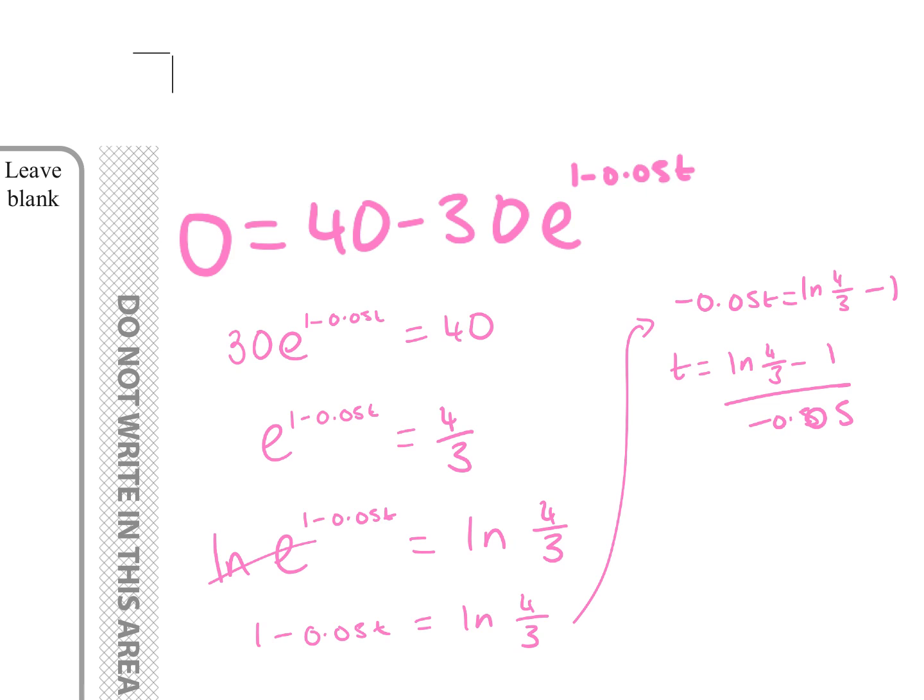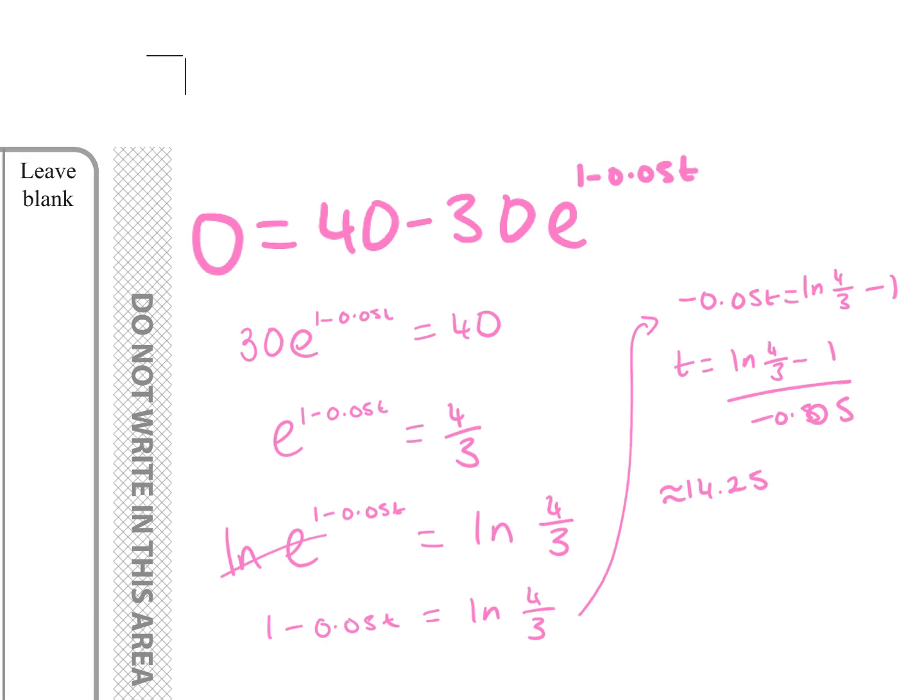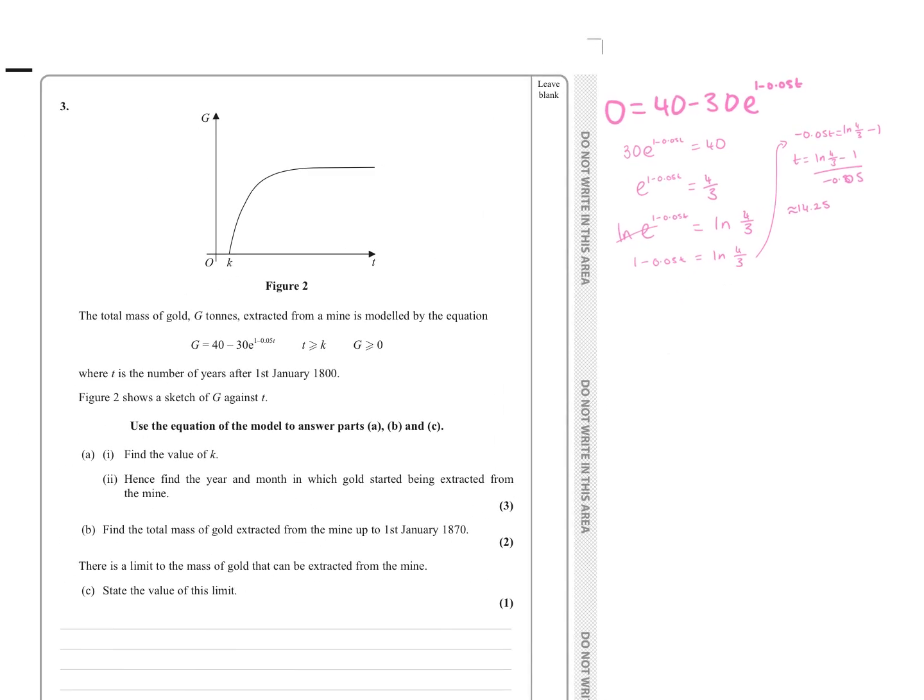Now, it gives me t, but that's in fact k, isn't it? Then, when I actually put this into my calculator, I get 14.25. Okay, it's approximately this. It didn't say in the question to leave it exact or anything, so we can leave it like that. Part II says, hence find the year and month in which gold started being extracted from the mine.